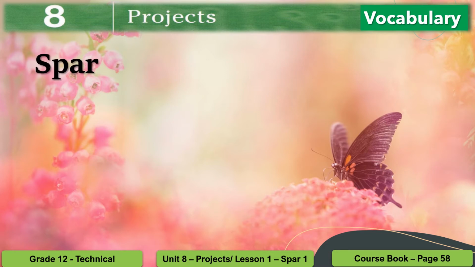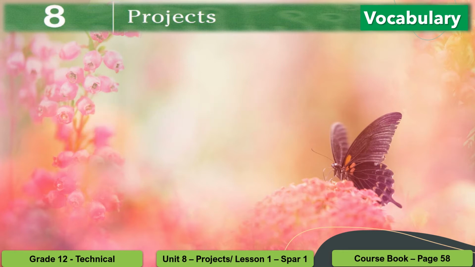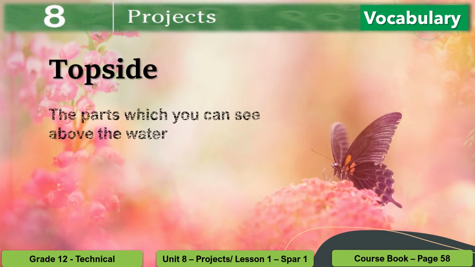The first one, spar, which is a strong pole, especially one that a sail is attached to on a sailing ship. The second one is topside, which is the parts which you can see above the water.